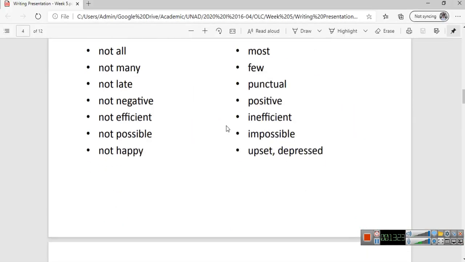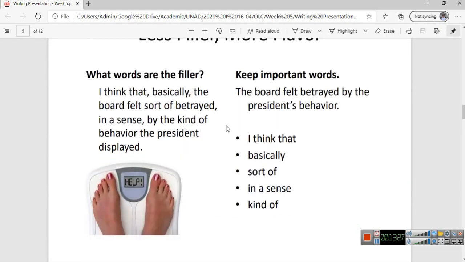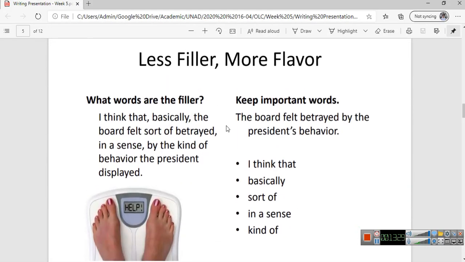Now that's it for positive constructions. You girls understood that very well. Now how about less filler, more flavor? So we have here what words are filler and keep important words. Laura, please read what words are the filler.